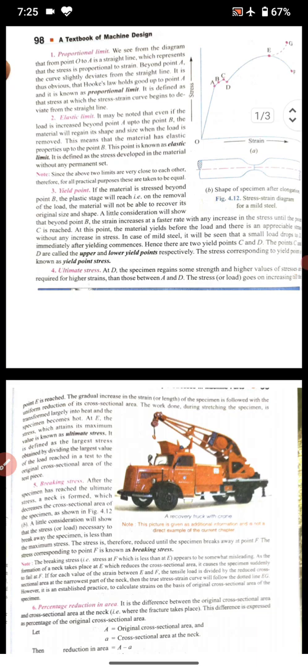Okay, I think you may be able to understand the stress strain curve. In the next video, I will discuss the factor of safety and one more important thing, that is why I am marking the yield stress and the ultimate stress as the design criteria for brittle material and for ductile material.